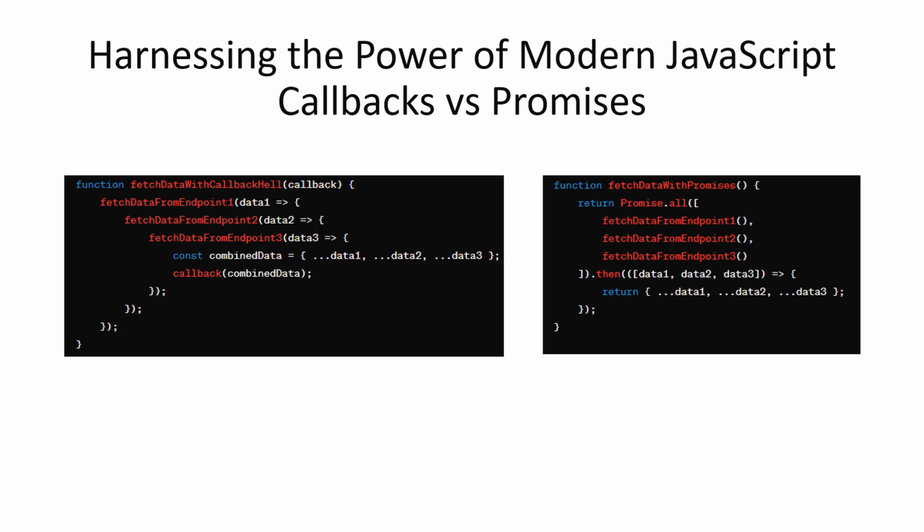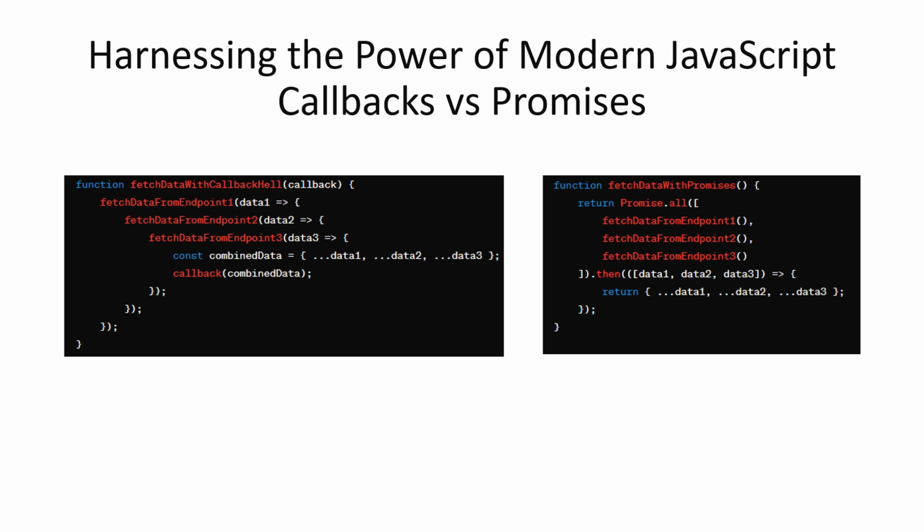It is a situation that arises in asynchronous code execution when multiple nested callbacks are used to handle asynchronous operations. This often occurs in scenarios where asynchronous tasks depend on the completion of other asynchronous tasks, leading to deeply nested and difficult to read code. Promises and async await are used to mitigate this issue by writing cleaner code.